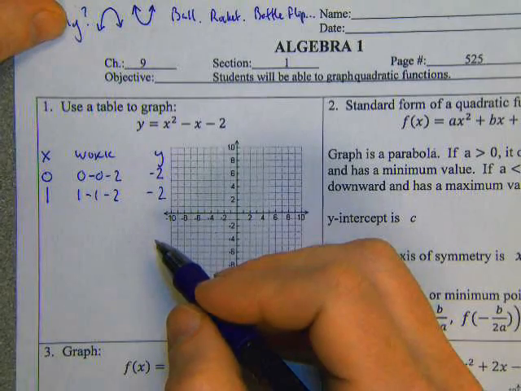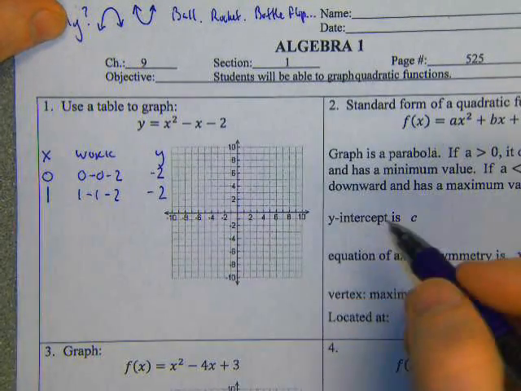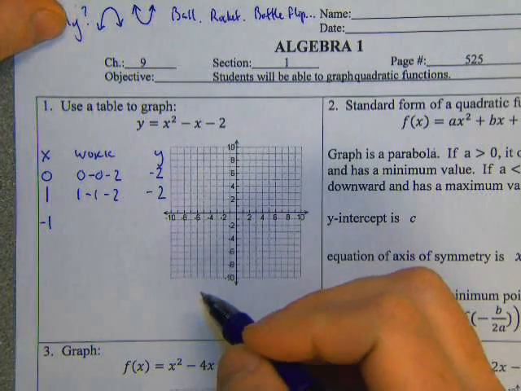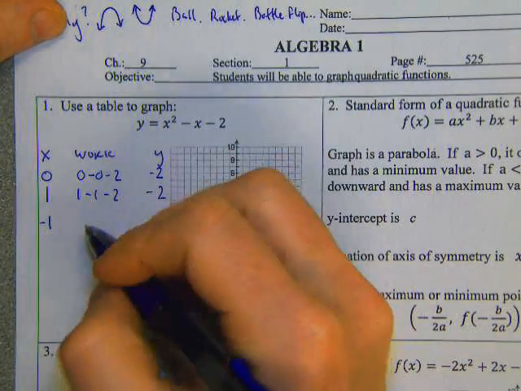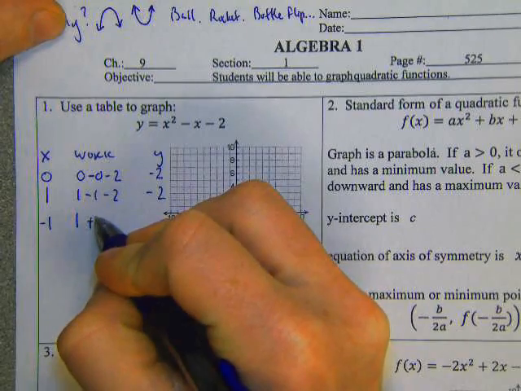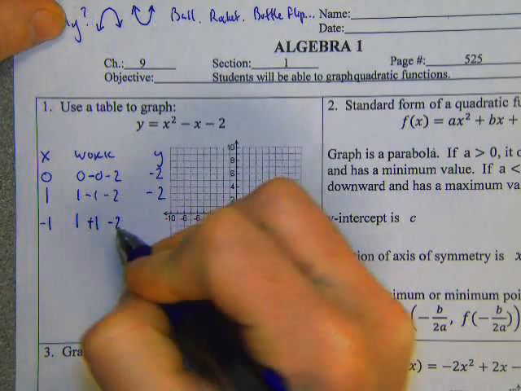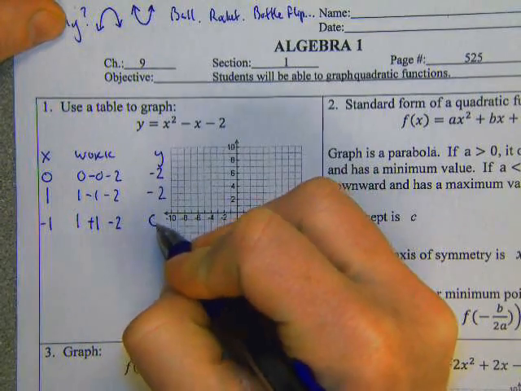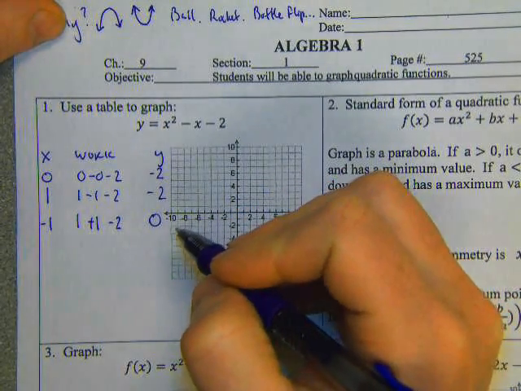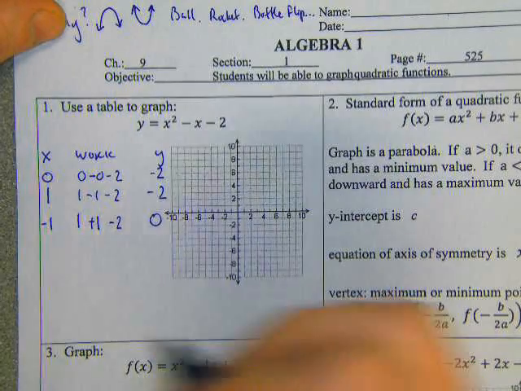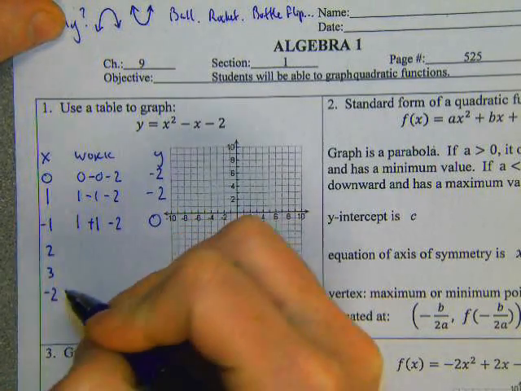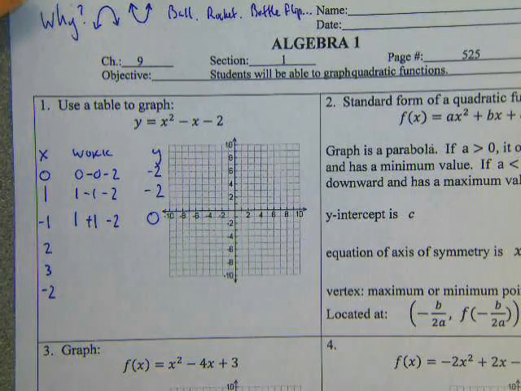We'll work through this, and then we'll start unpacking some of the concepts as we go through the exercises. So I'm going to try negative 1, so I have some on the positive and the negative side. If I plug in negative 1 squared, that is positive 1. That's going to turn to plus 1. That's minus 2, so that will be 0. Just keep going, 2, 3, and then put in negative 2.